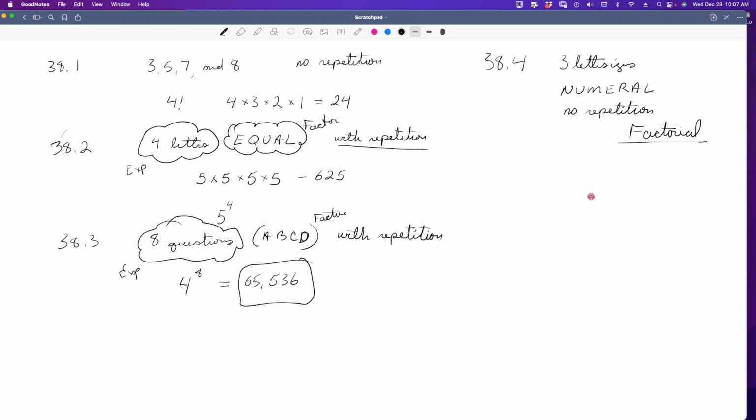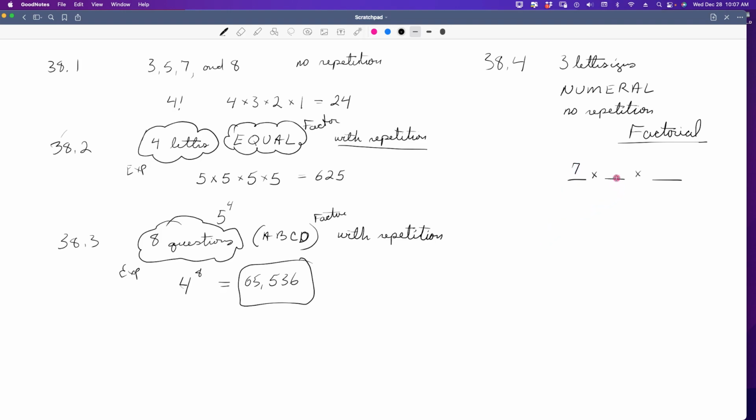So we're going to lose a factor each time, or subtract 1 from our factor each time. If we have 3-letter signs, that means we have 3 positions here, 3 spaces, and we need the total number of options for the first one. So 1, 2, 3, 4, 5, 6, 7. We could choose any of those 7.